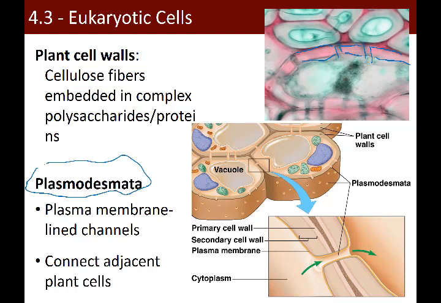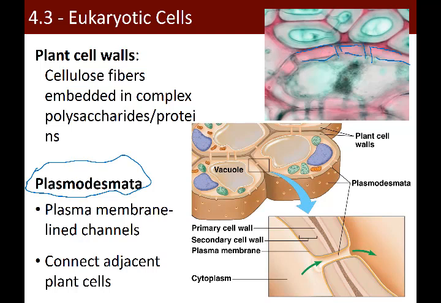And the majority of movement through the cell wall has to occur at that plasmodesmata, because otherwise the cell wall is this thick, complex of cellulose fibers that are embedded in a protein and polysaccharide matrix, and it's really hard for anything to move through that cell wall. It's a formidable barrier.